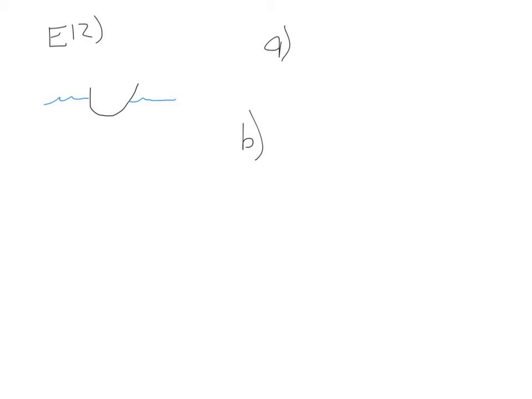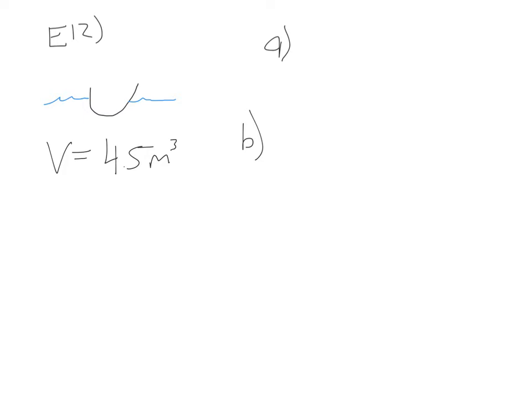All right, exercise 12 says we have a boat that displaces a volume of water equal to 4.5 cubic meters of water. So volume displaced is 4.5 cubic meters of water.